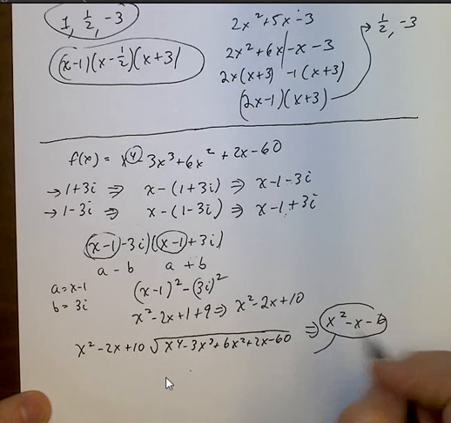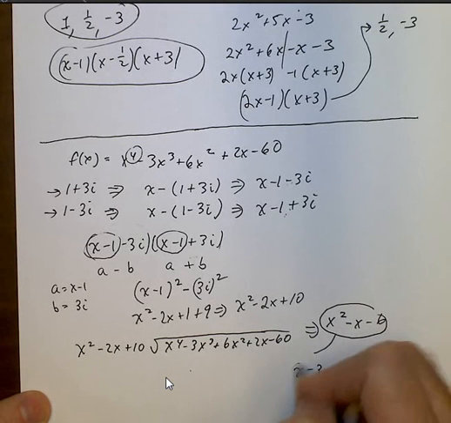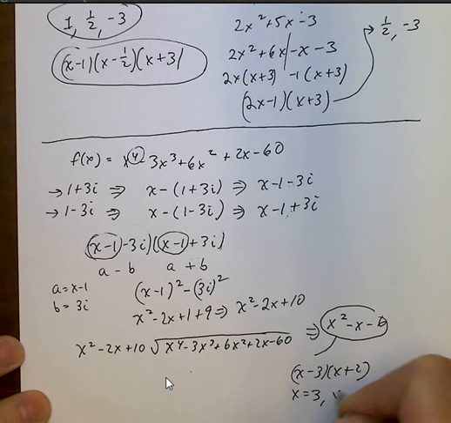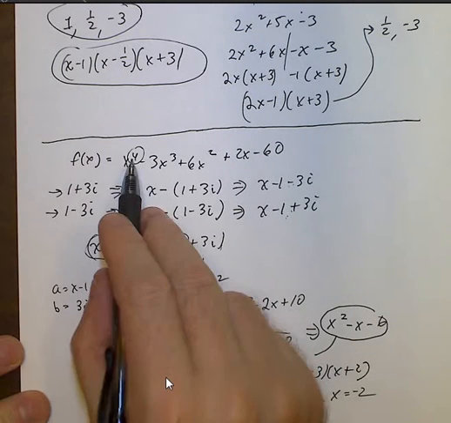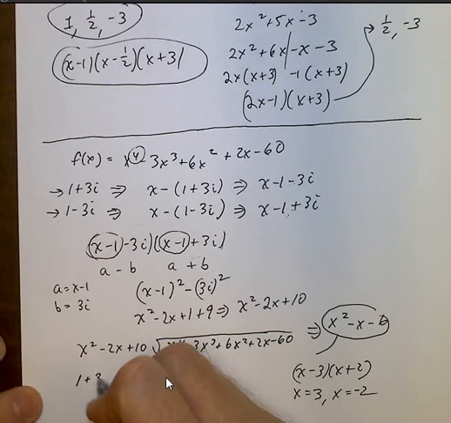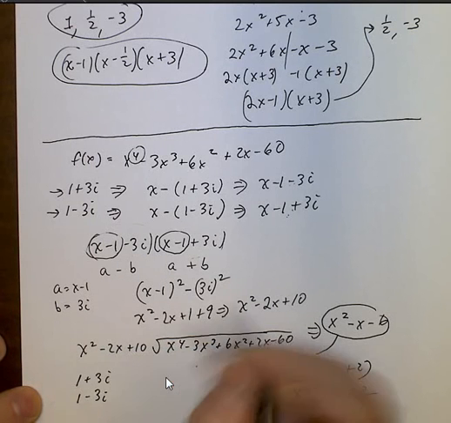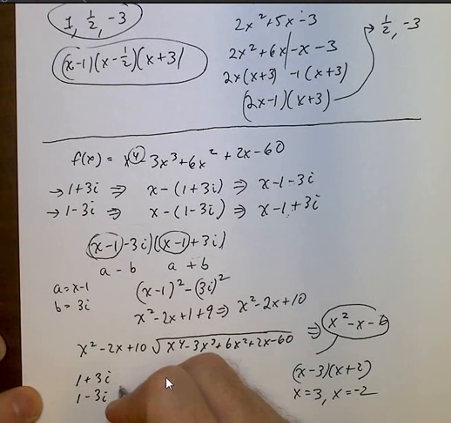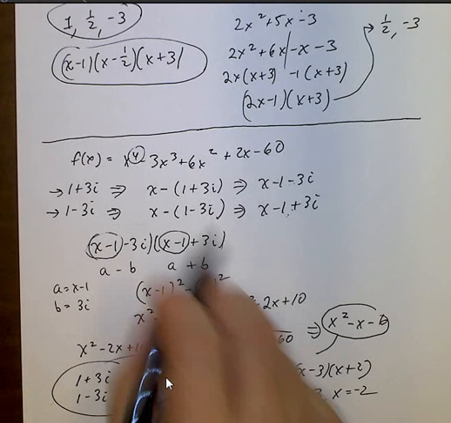We factor that, and we have x equals 3 and x equals negative 2. So what are the four zeros? The four zeros are 1 plus 3i, and that was given, 1 minus 3i, because it's the complex conjugate, and then the real zeros, or the rationals, are 3 and negative 2. So those are your four zeros for that particular polynomial.